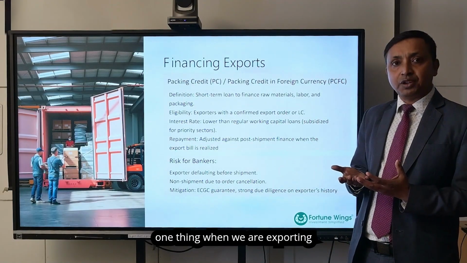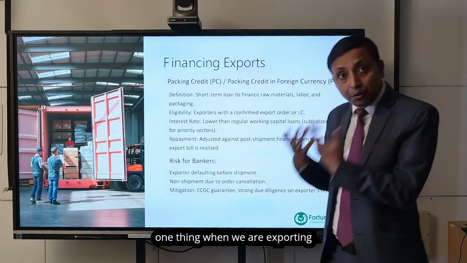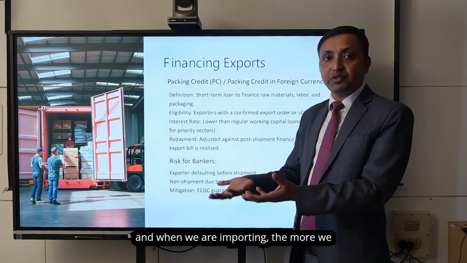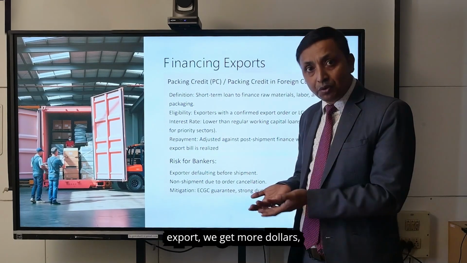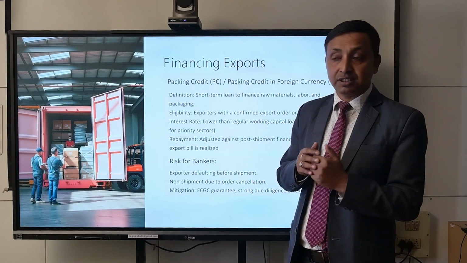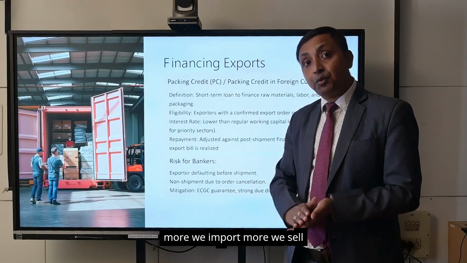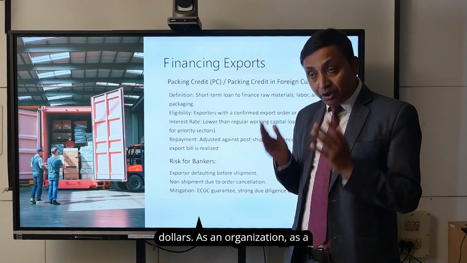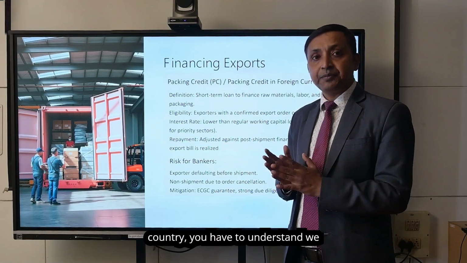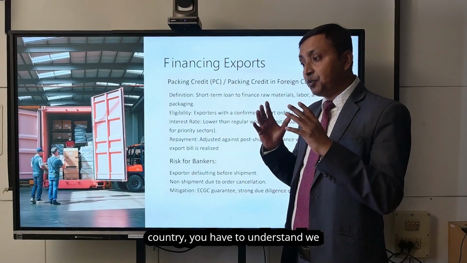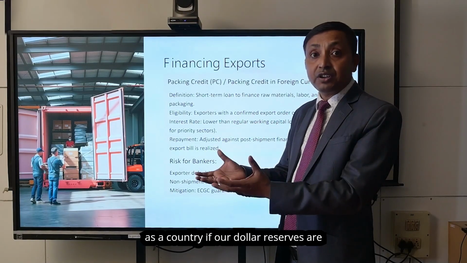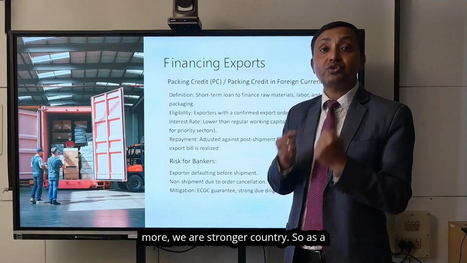Remember always one thing: when you are exporting and when we are importing, the more we export, the more dollars we get, and the more we import, the more dollars we sell. As an organization, as a country, you have to understand that if our dollar reserves are more, we are a stronger country.